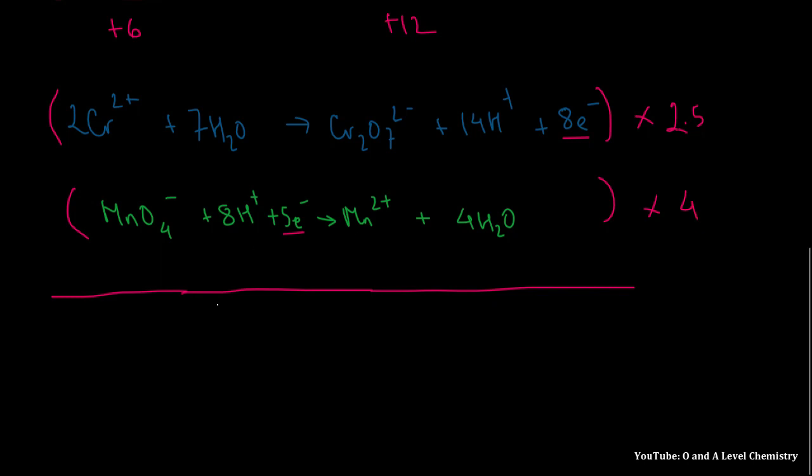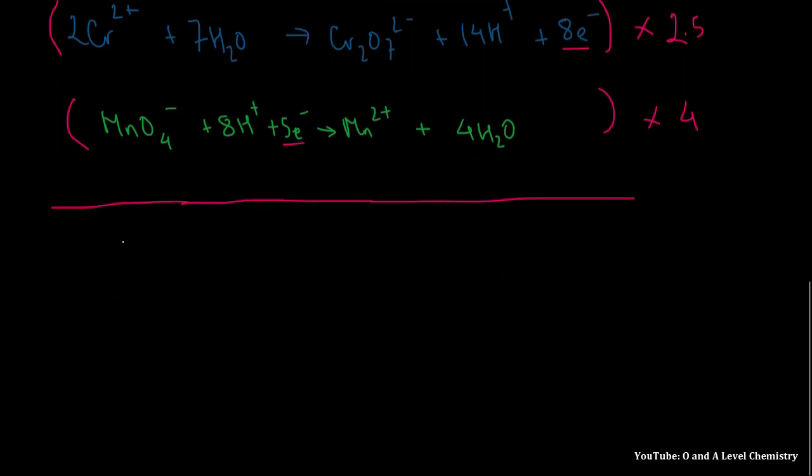So I know that. Once I do that, I can write it down. Let me write it again. So 2 times 2.5, I now have 5 Cr2+. 7 times 2.5, this is 17.5 water. Then I have 2.5 dichromate.